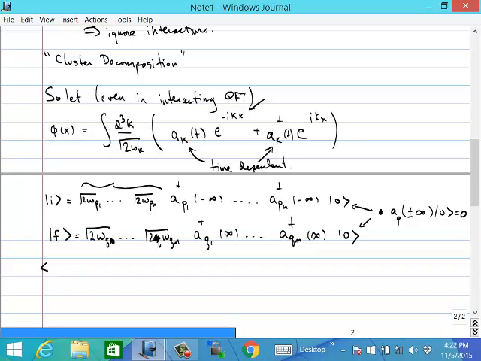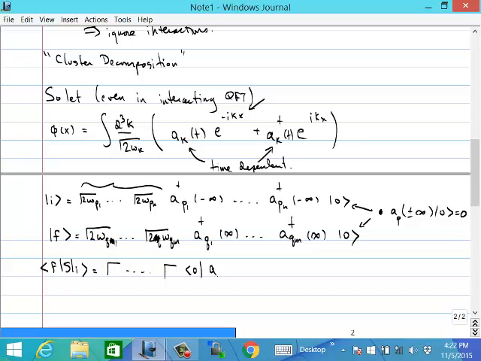So then our goal is to compute the amplitude for this initial state to evolve into the final state, which is just the overlap between the two states that I've written down above. There are a bunch of normalization factors that I won't write down explicitly. You can just copy them down from above.